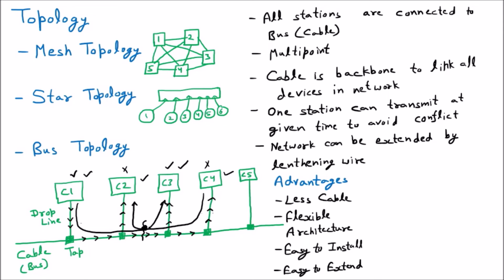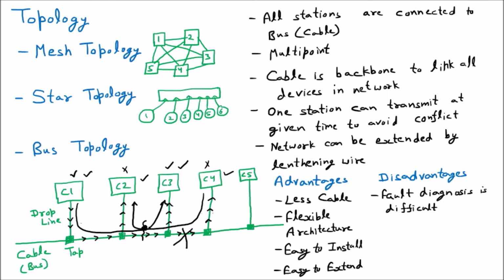And now we are going to discuss the disadvantages. The first and foremost disadvantage is that fault diagnosis is very difficult. That is because we are dependent upon a single wire. Let us suppose that in between, at this place, the network goes down.